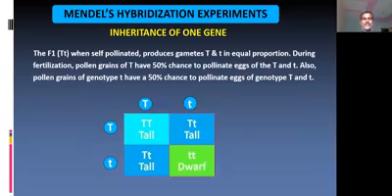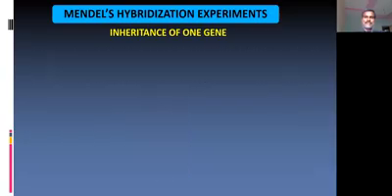The F1, when self-pollinated, produces gametes T and t in equal proportion. During fertilization, pollen grains of T have 50% chance to pollinate eggs of T and small t. Also, pollen grains of genotype small t have 50% chance to pollinate eggs of genotype capital T and small t. You can see that being shown over here.